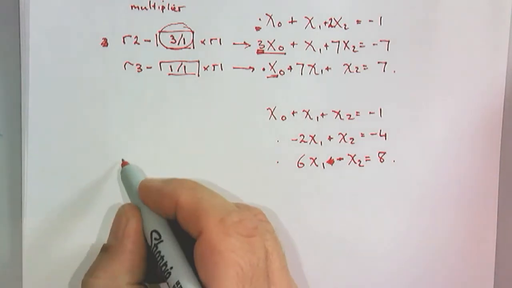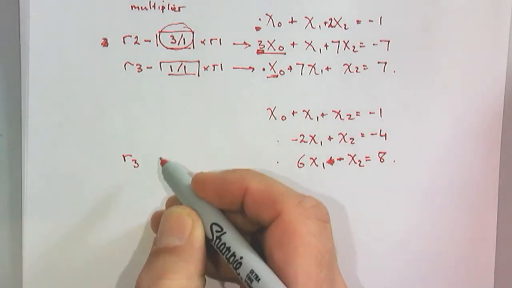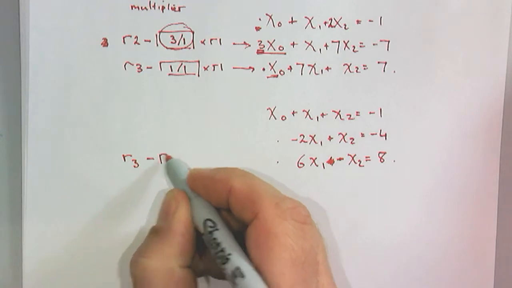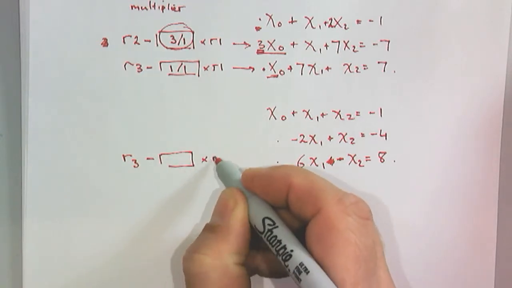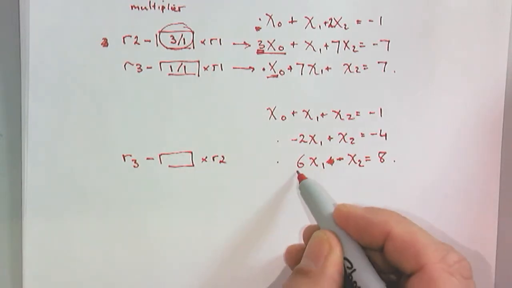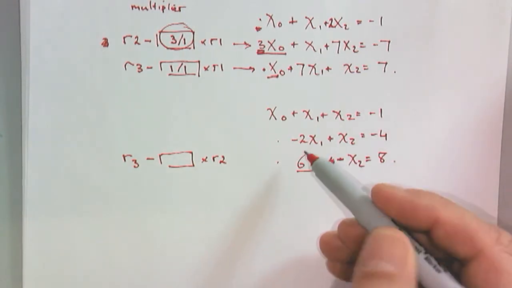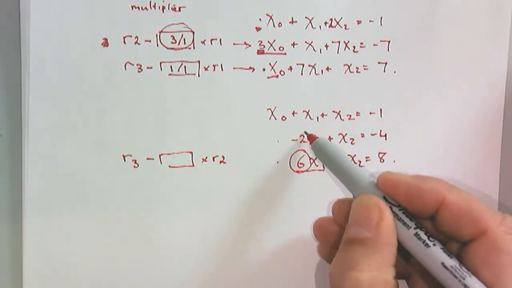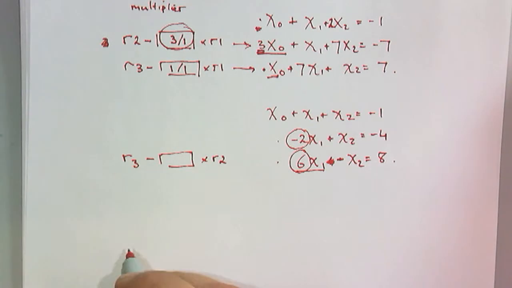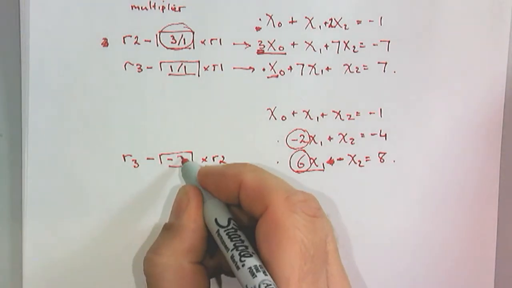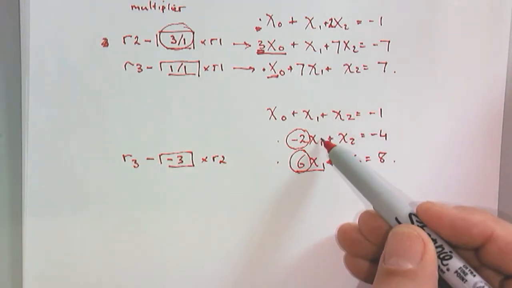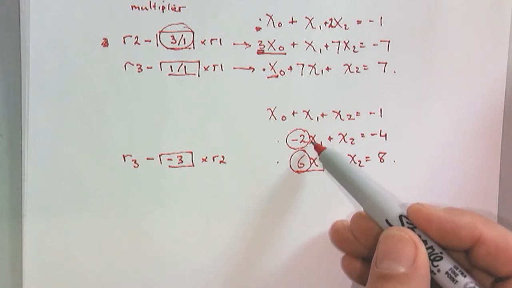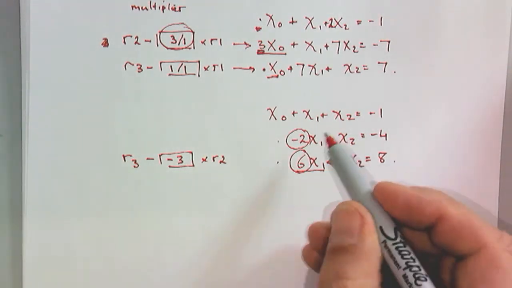And then what we need to do is take row 3 and subtract off something times row 2 to eliminate this term right here. And what's that something? That something is this coefficient divided by that coefficient to create the multiplier. So we get a minus 3. So really we need to take 3 times that equation and add it to the last equation.